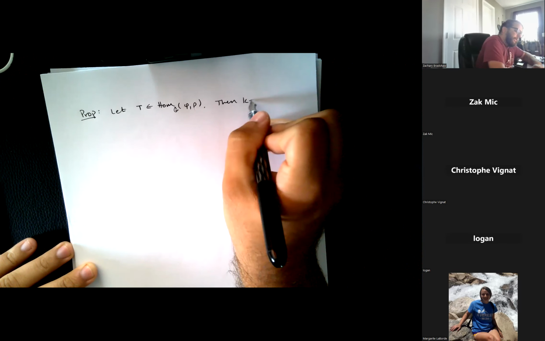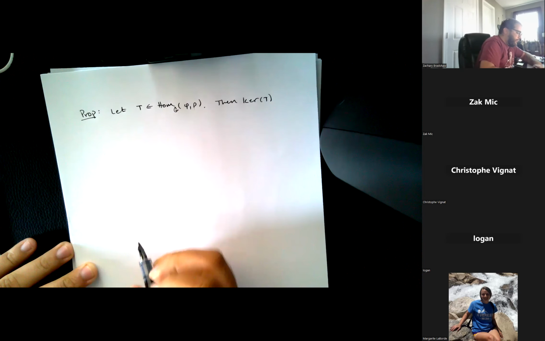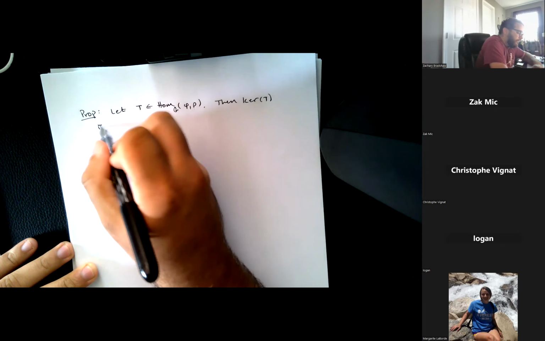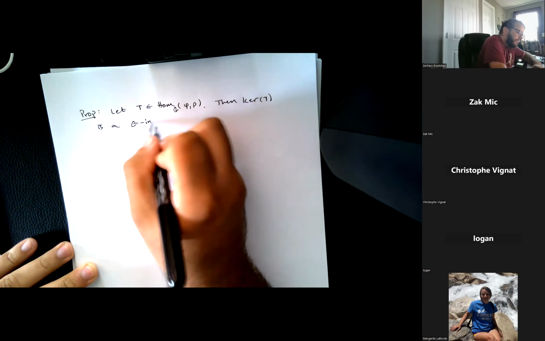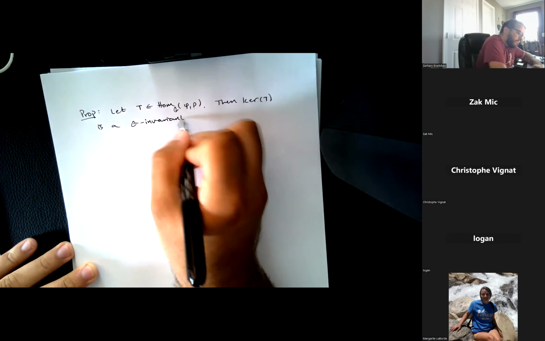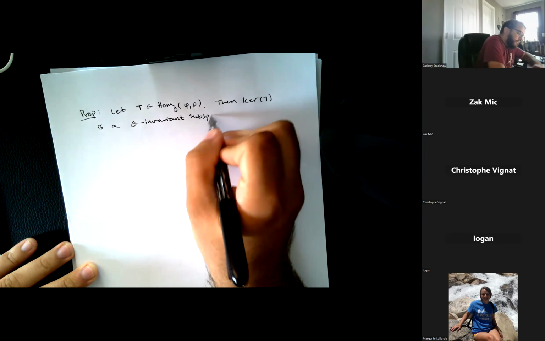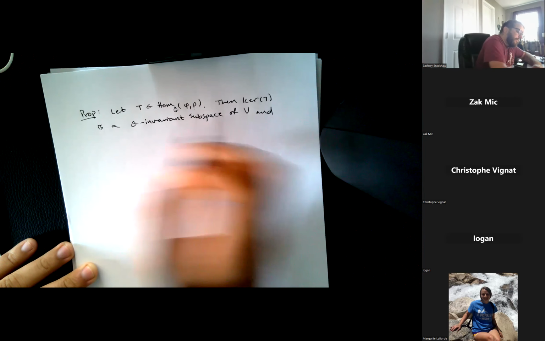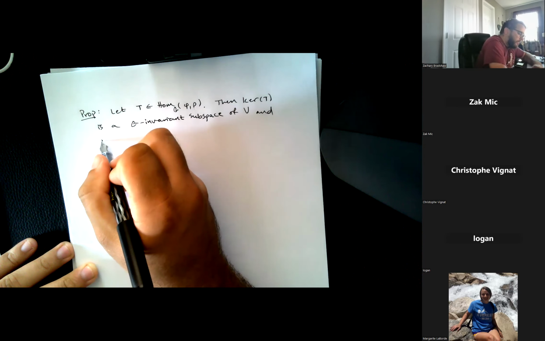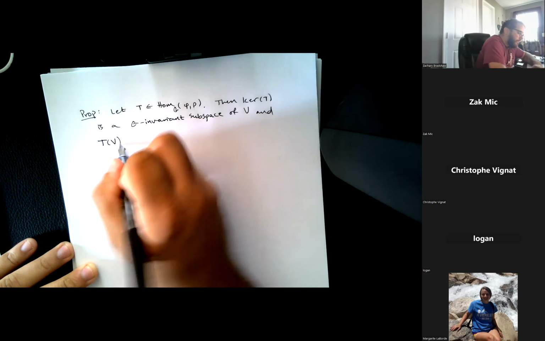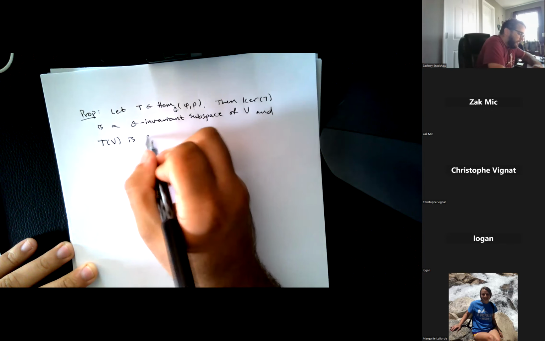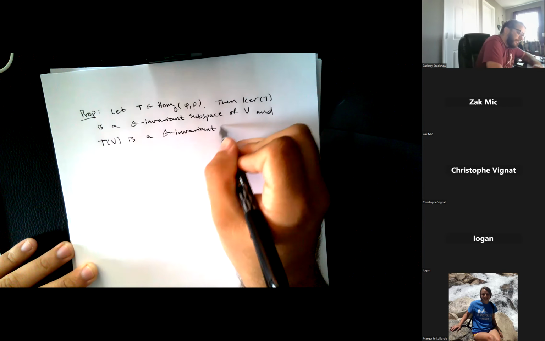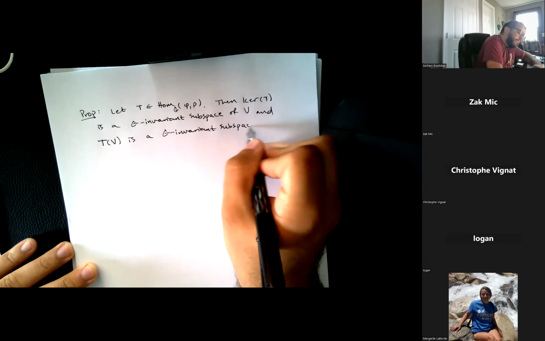Then the kernel of T is a G invariant subspace of V, and the image of V is a G invariant subspace of W.